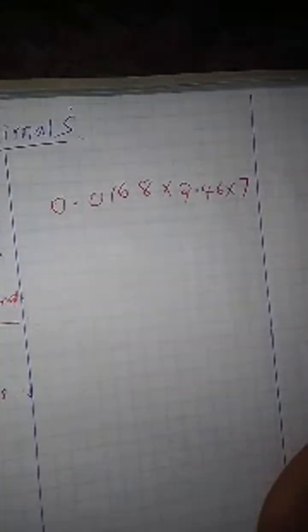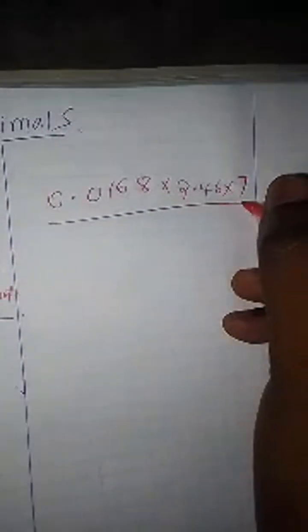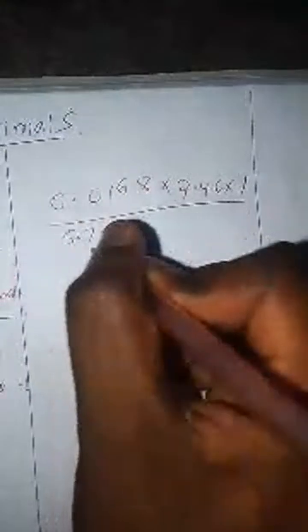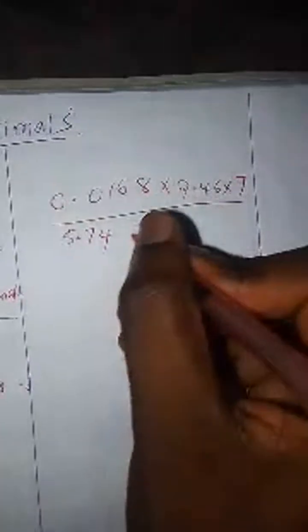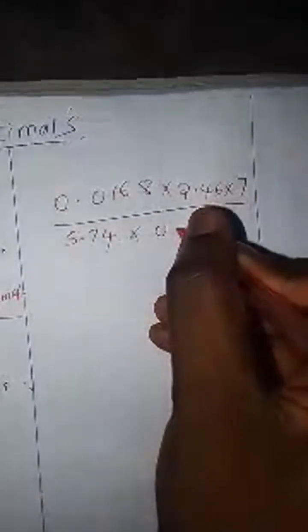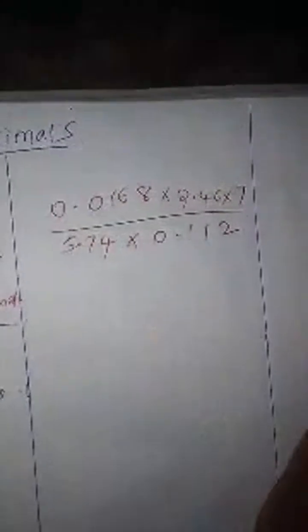Yes, that way. Then divide by, over means divide by, 5.74 multiplied by 0.112. So that is it.